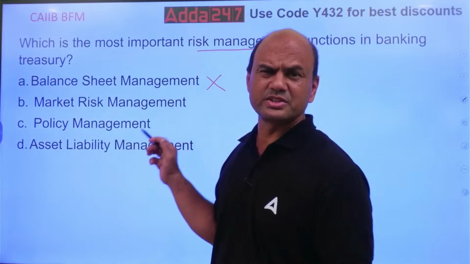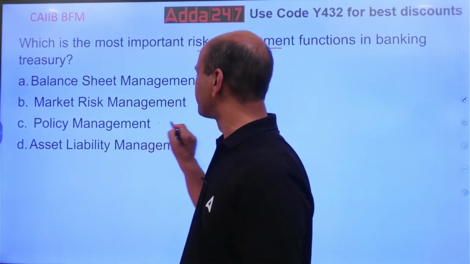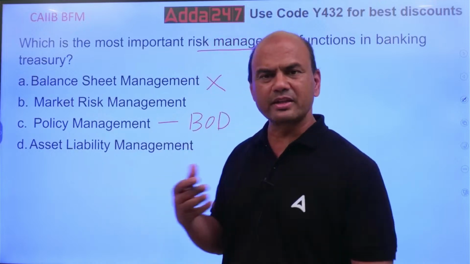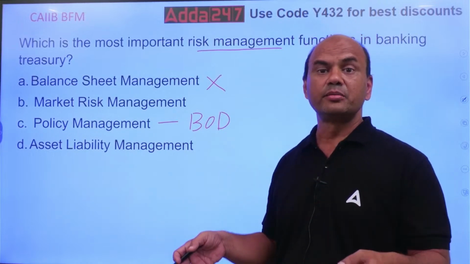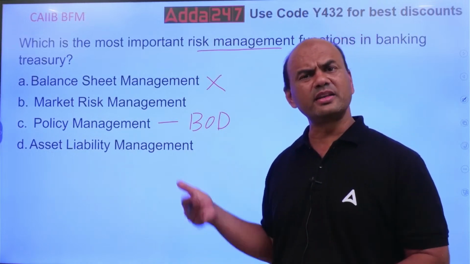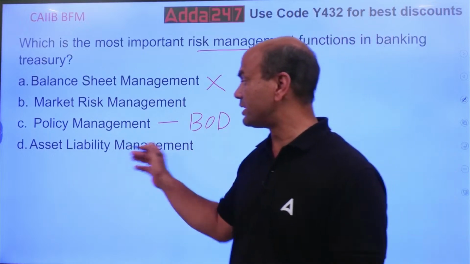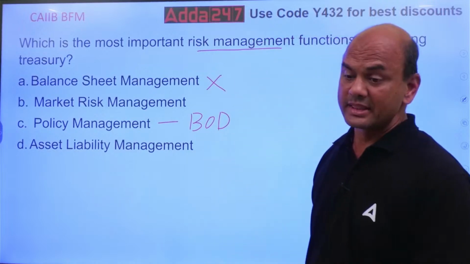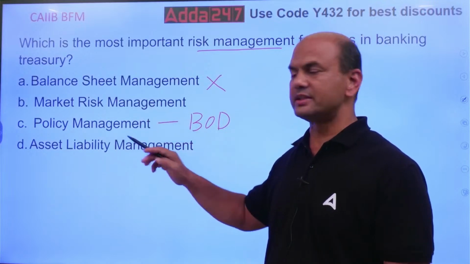Policy is the job of the board of directors, the BOD. They prepare the policy and see to it that the policy percolates throughout the bank. That is the job of the BODs. Asset liability management, ALM. Now the real fight in this question is between these two, market risk and asset liability.